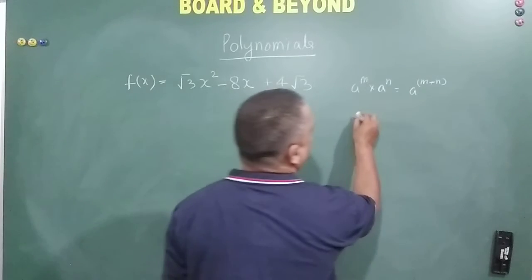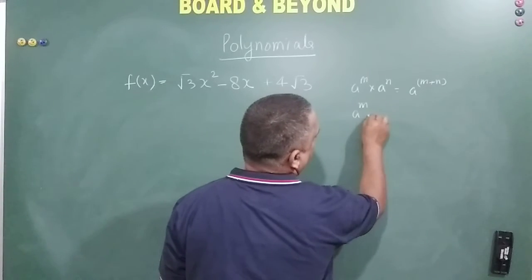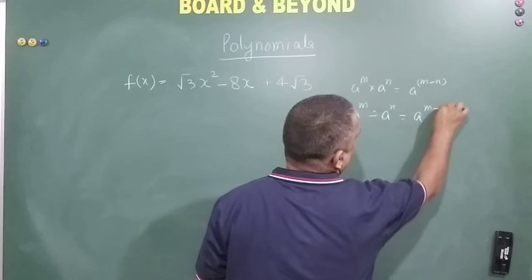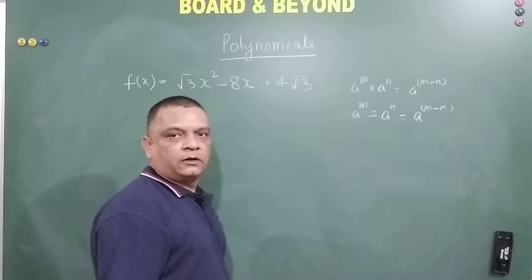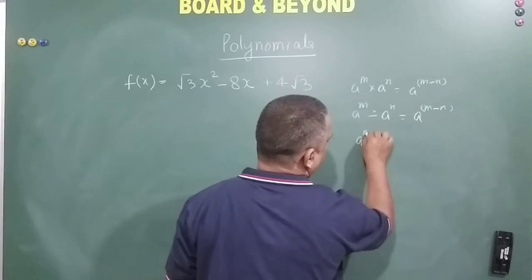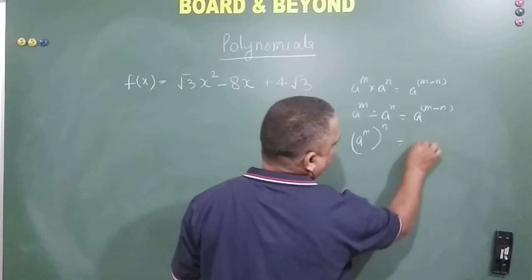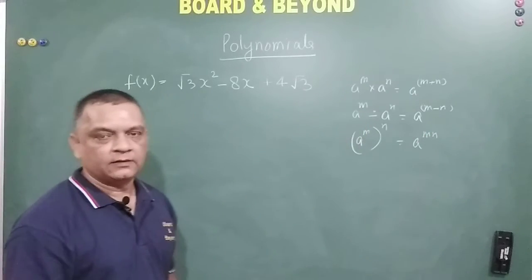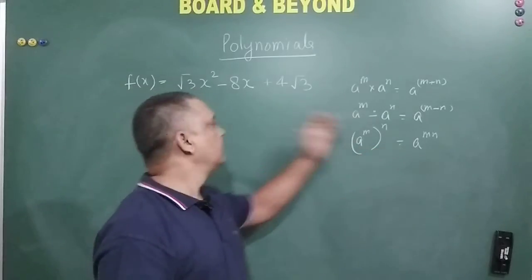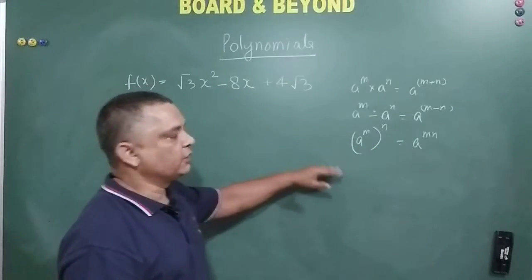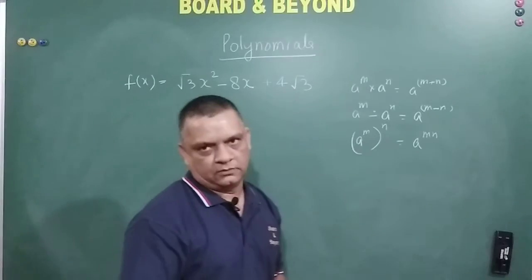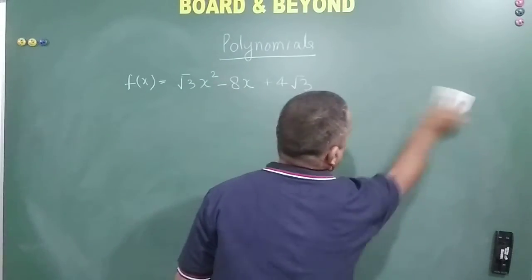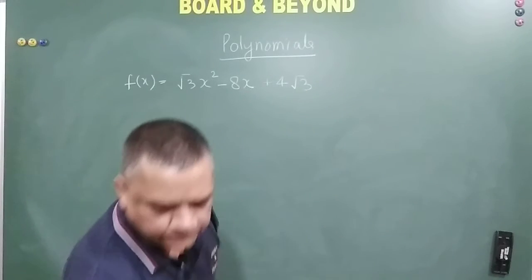Now a raised to power m divided by a raised to power n is nothing but a raised to power m minus n. And a raised to power m whole raised to power n is equal to a raised to power m into n. Do we all remember it? We are going to make use of this to solve this, so I thought let me at least jot down the laws of exponents.